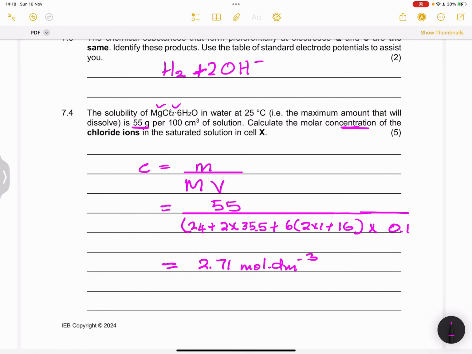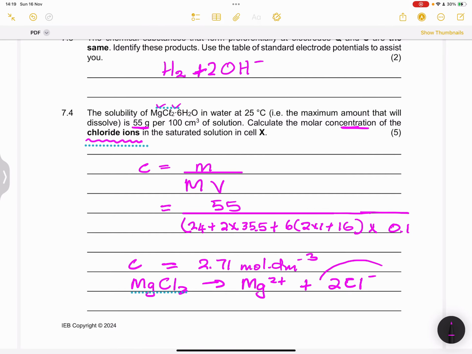Now, ladies and gents, I want you to please be very careful here, because we are not asking for the concentration of magnesium chloride, right? But they were looking for the concentration of chloride ions. Now, what do you notice? When the magnesium chloride ionizes, or rather dissociates, it will give us magnesium 2 plus and 2 chloride ions that are formed there, 2Cl minus.